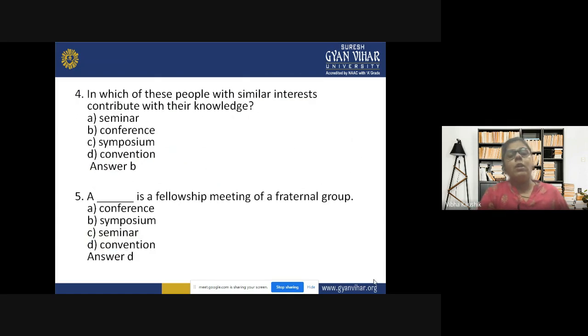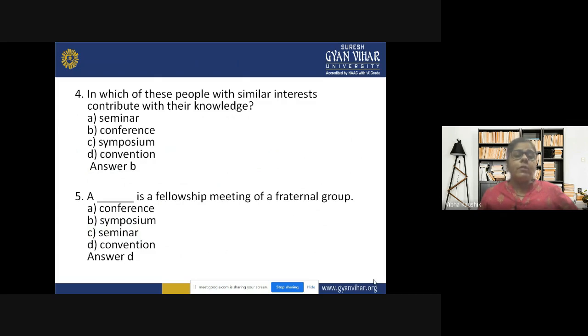Now the fourth one, in which of these do people with similar interests contribute with their knowledge. What will be organized by an institution where they are giving opportunities to the people who have similar interests, and they are contributing with their knowledge?